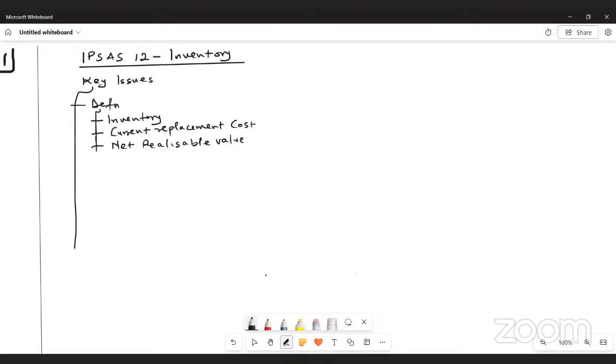These are the three key definitions that you would need. We need to also be aware of public sector inventory. When we say public sector inventory, what are some of the key examples of public sector inventory?